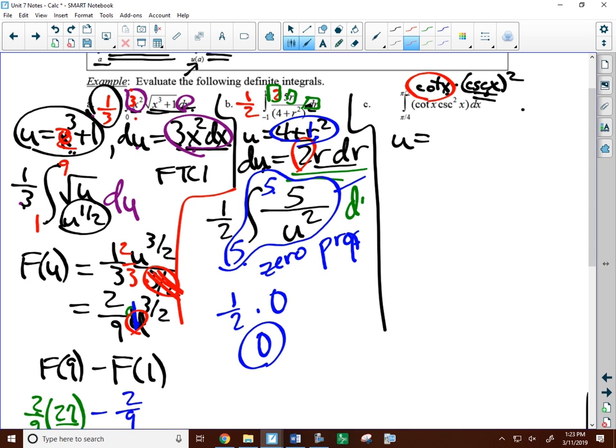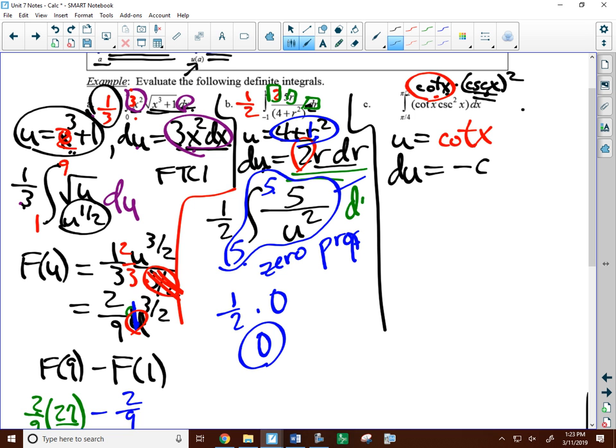And actually, this is one where it's not the composition. That's why this one's a little harder to see. You should go to the composition part first. But actually this one, watch what happens if we just let u be the cotangent. Du is the derivative of cotangent, which is what? Negative.